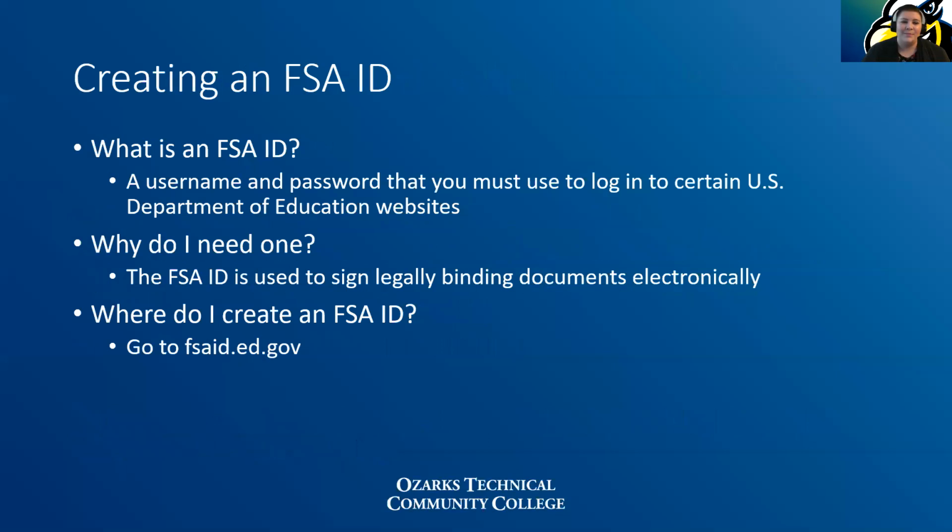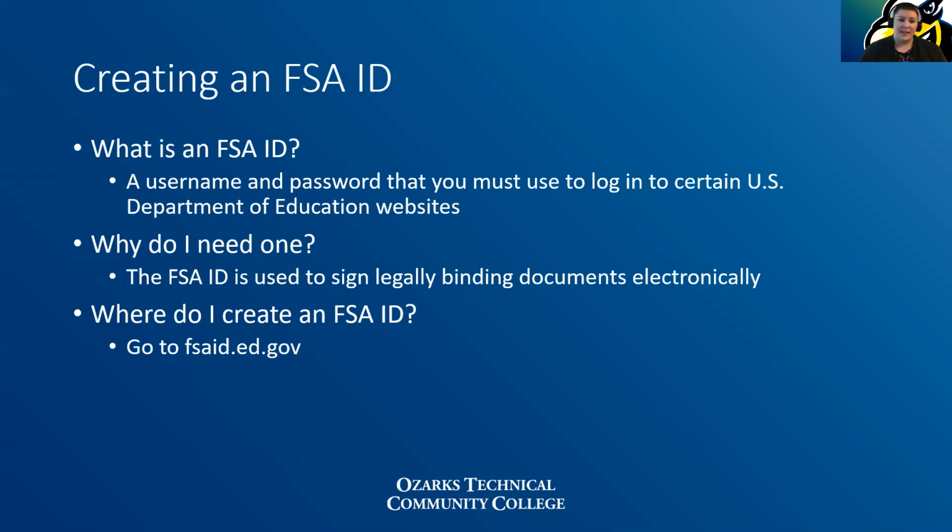So turning to that FSA ID, what is it? It's a username and password that you must use to log into certain U.S. Department of Education websites. You need an FSA ID because it's used to sign legally binding documents electronically. Rather than going through the strenuous process of signing paper forms, the Department of Education has made it super simple to where you can actually do this all online, and it makes it much quicker.